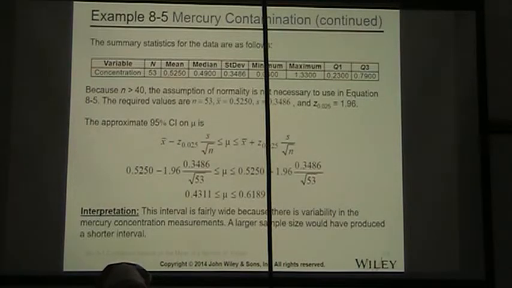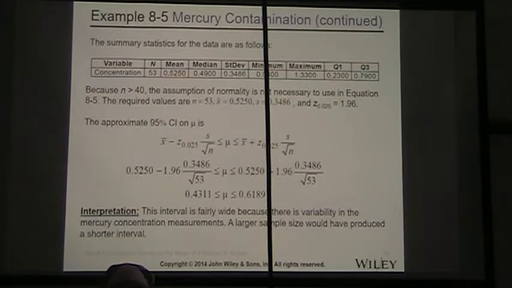All right, so the approximate 95% confidence interval on mu is x bar minus z of 0.025 times sample standard deviation divided by the square root of n is less than or equal to mu, less than or equal to x bar plus z of 0.025 times sample standard deviation divided by square root of n.